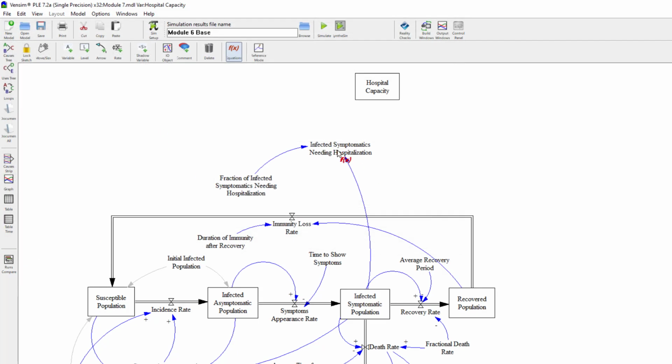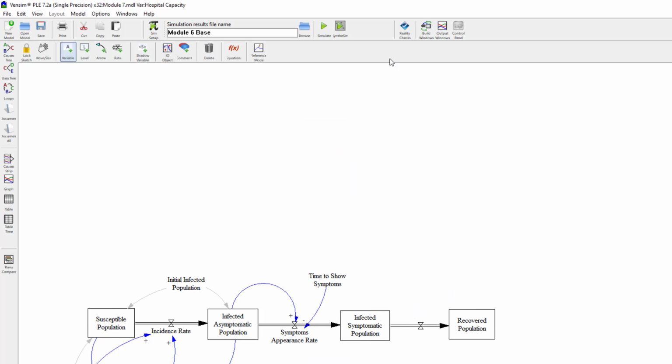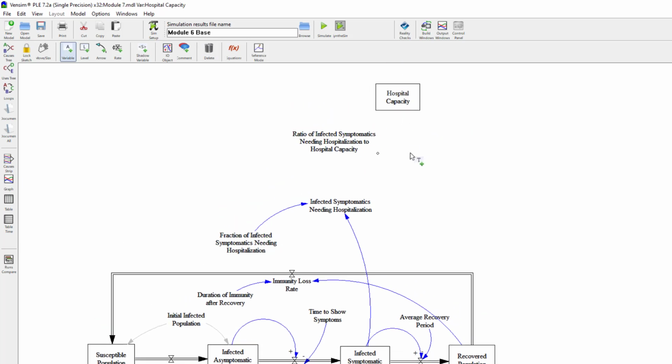Now we're going to compare the demand with the capacity. So the variable that we're going to create is called ratio of infected symptomatic needing hospitalization to hospital capacity. So basically we are comparing these two variables. Let me create some more room here.